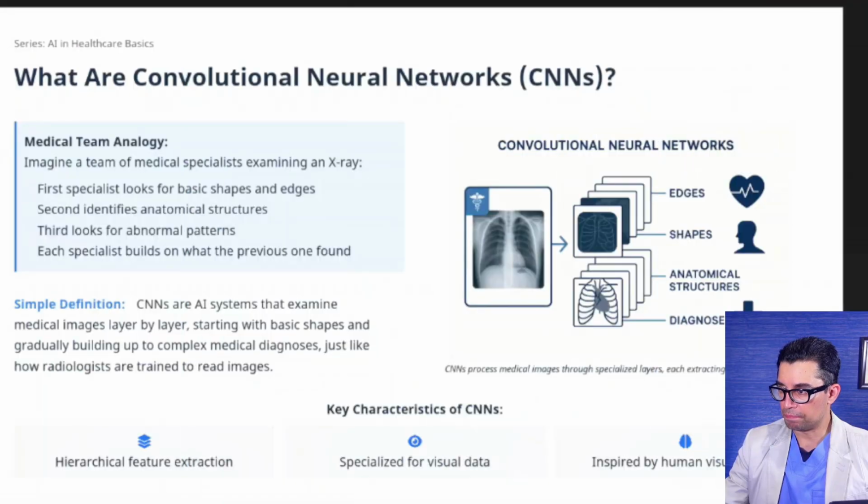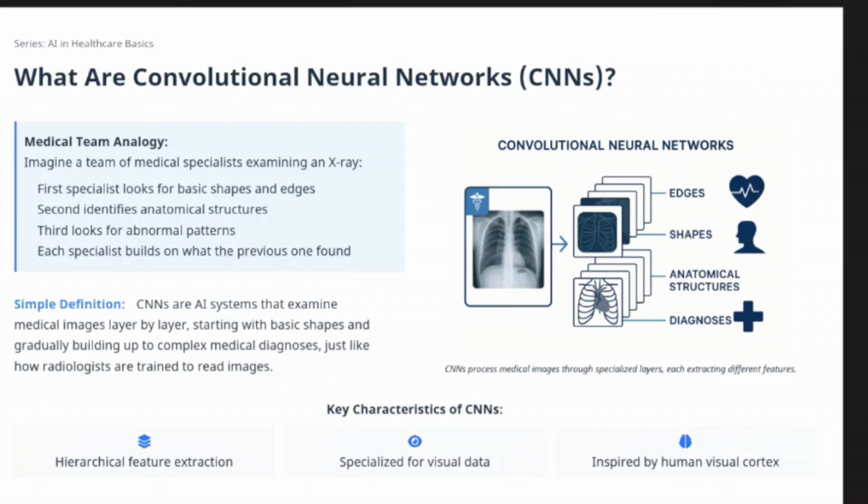Think of this like a radiologist's thought process. First, noticing, let's say, edges, shapes, anatomical structures, and then coming to a conclusion regarding the diagnosis. And for medical imaging, CNNs might detect subtle lung opacities on an X-ray before the human eye actually notices this.